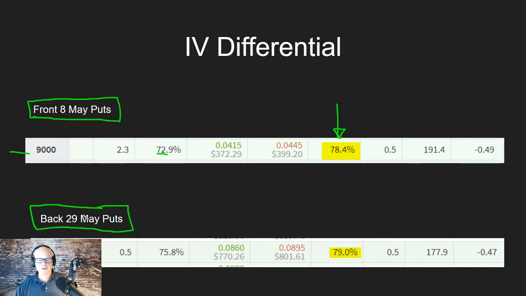Okay, that's all right. And then for this particular trade, this example, I looked at 29 May, which is obviously 4 weeks out, and this is showing 79%. So the differential between front and back is less than 1%, which is really good.